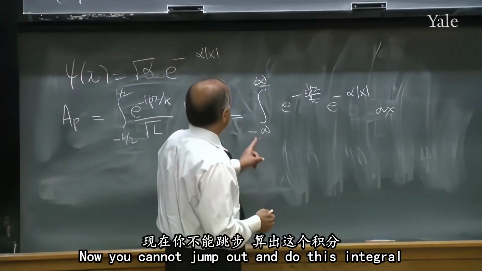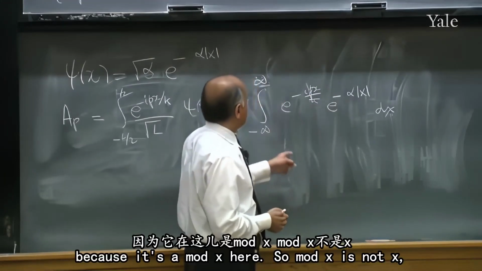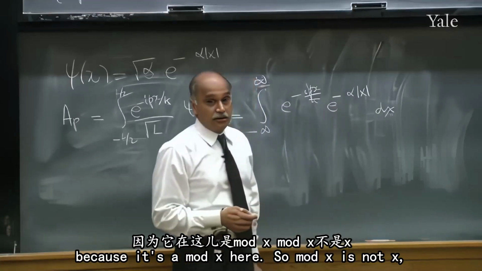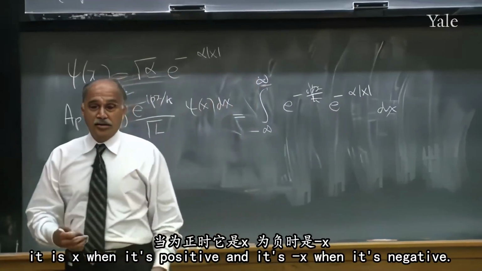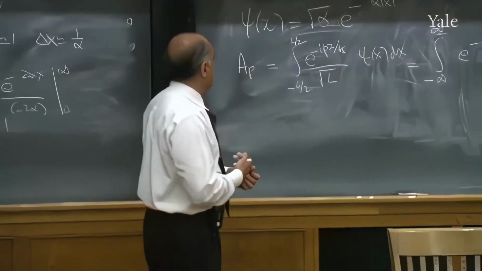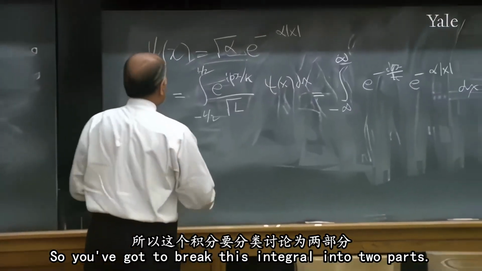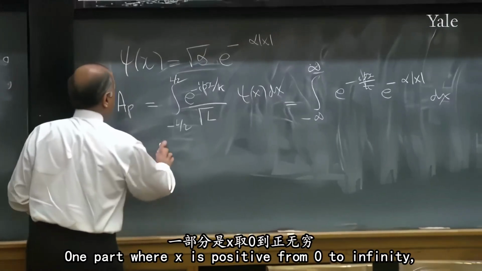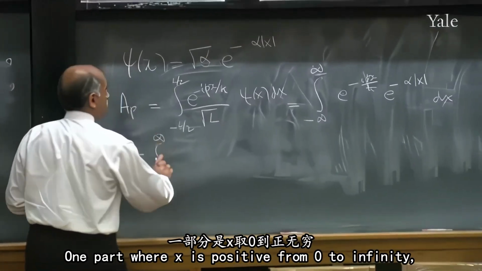Now, you cannot jump out and do this integral because it's a mod x here. So mod x is not x. It is x when it's positive. It's minus x when it's negative. So you got to break this integral into two parts. One part where x is positive, from 0 to infinity.